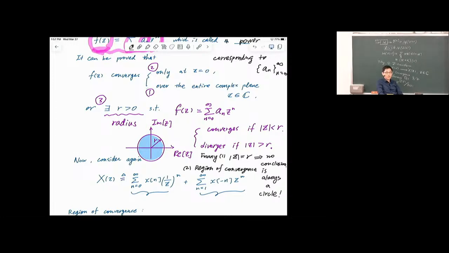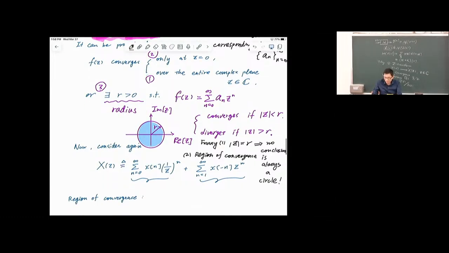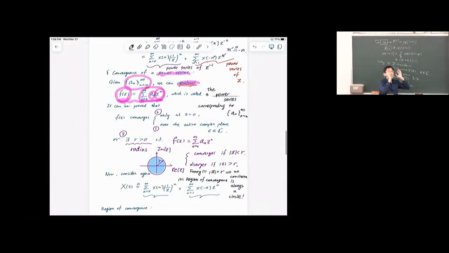The region of convergence is always a circle, and the center of that circle is at the origin. It cannot be anything else, right? Okay, with this nice property, then we talk about the power series. The power series corresponds to a sequence which starts with the terms A0, A1, A2, and so on.